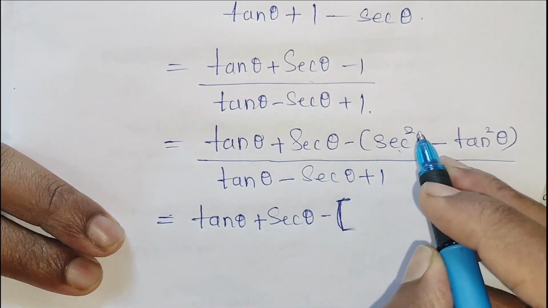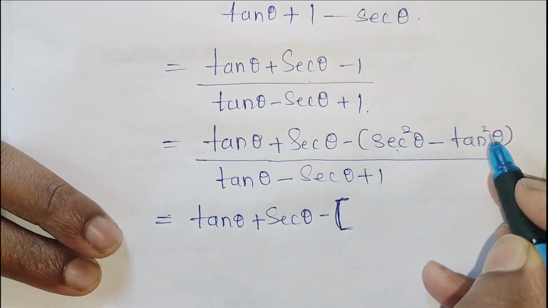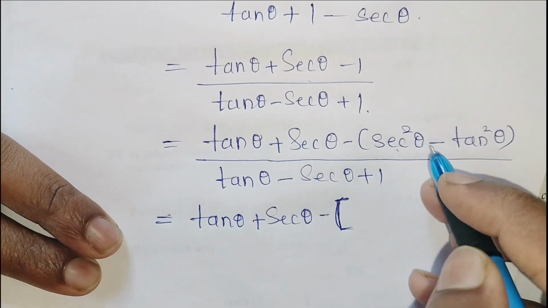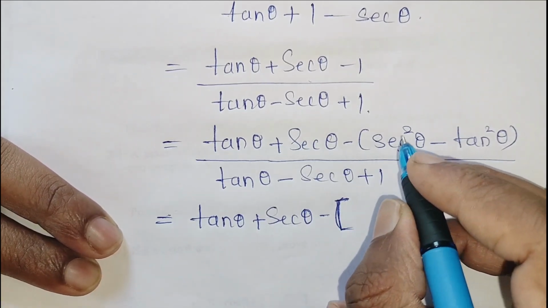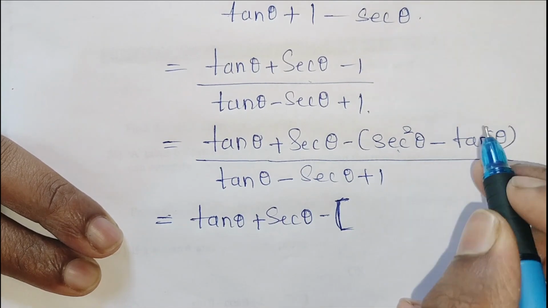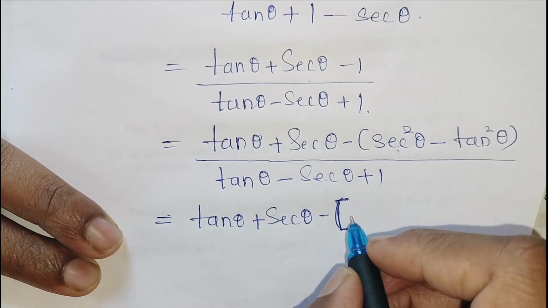So for that we have to convert these, remove this degree of 2, this square. We have to make their degree 1, that is sec theta. We have to make sec square theta to sec theta, and tan square theta to tan theta, that is remove this square degree.